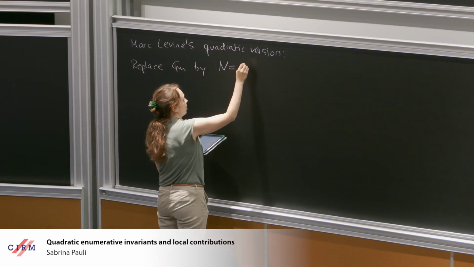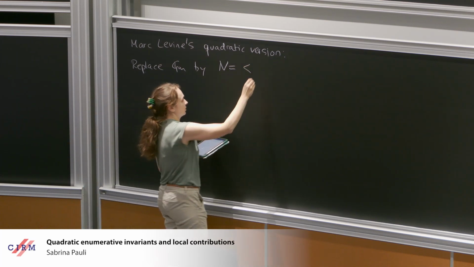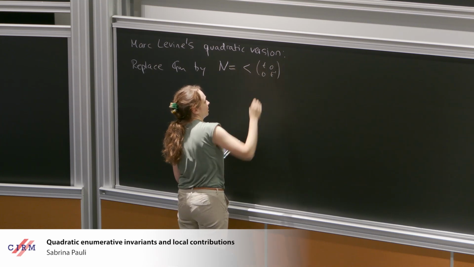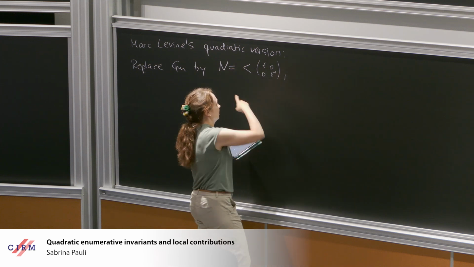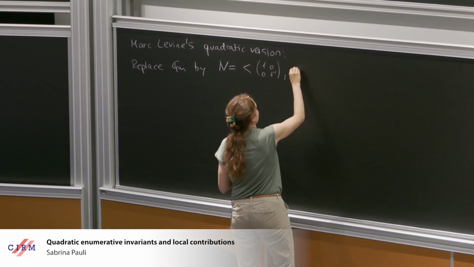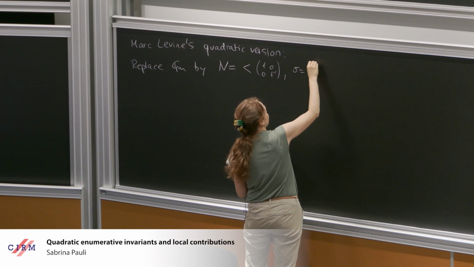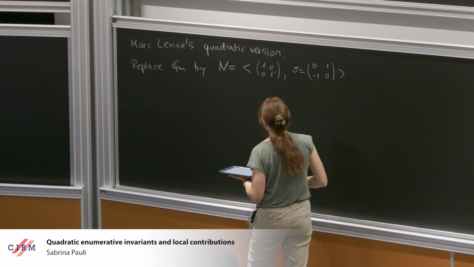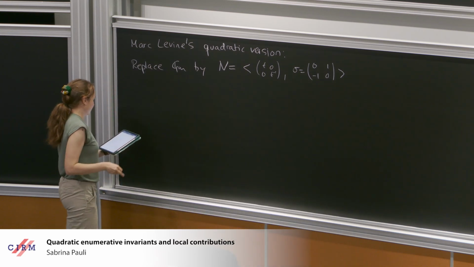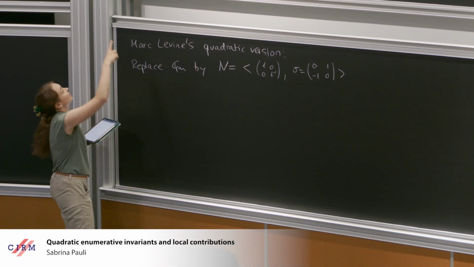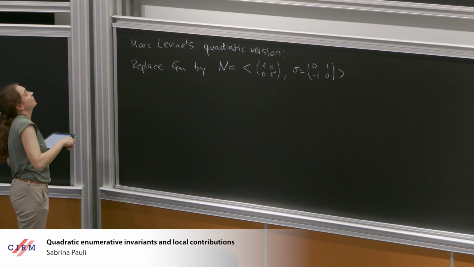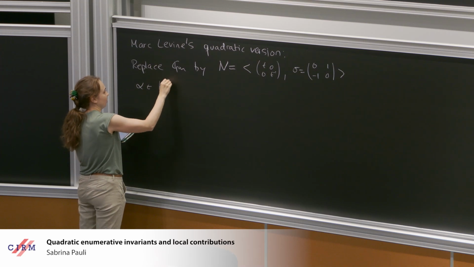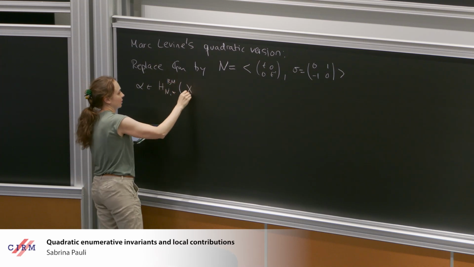It's the normalizer of the torus in SL2. So you can put the torus, G_m, in SL2 by sending t to this matrix. And to get the normalizer, you need another generator, which is called sigma, which is this guy. And now, instead of taking alpha in the equivariant Chow group, we take alpha in the equivariant Milnor-Witt homology with Witt coefficients.